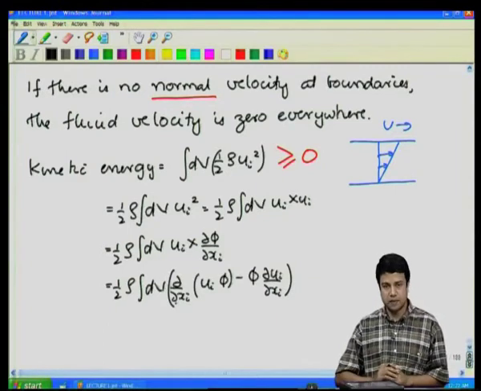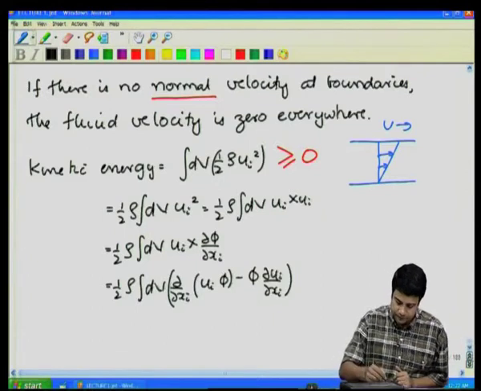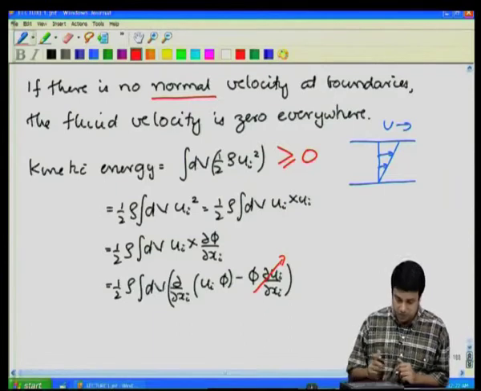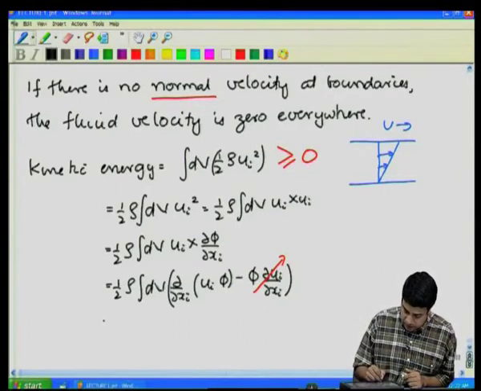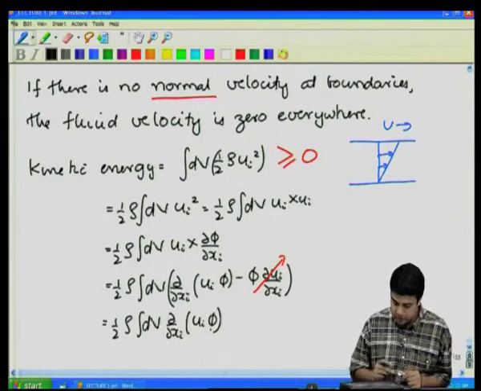In the integration by parts, we know that the divergence of the velocity, the second term on the right hand side, has to be equal to 0 from the incompressibility condition. So, this is equal to half rho integral over the volume of partial by partial x_i of u_i phi.